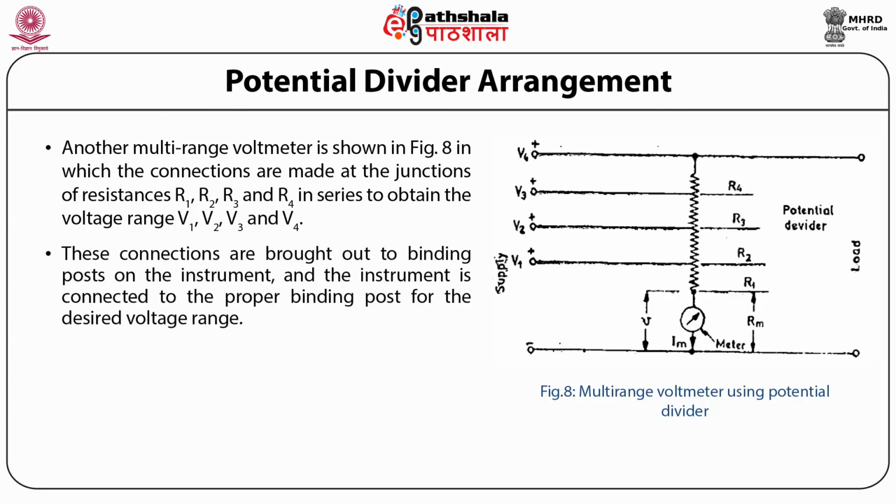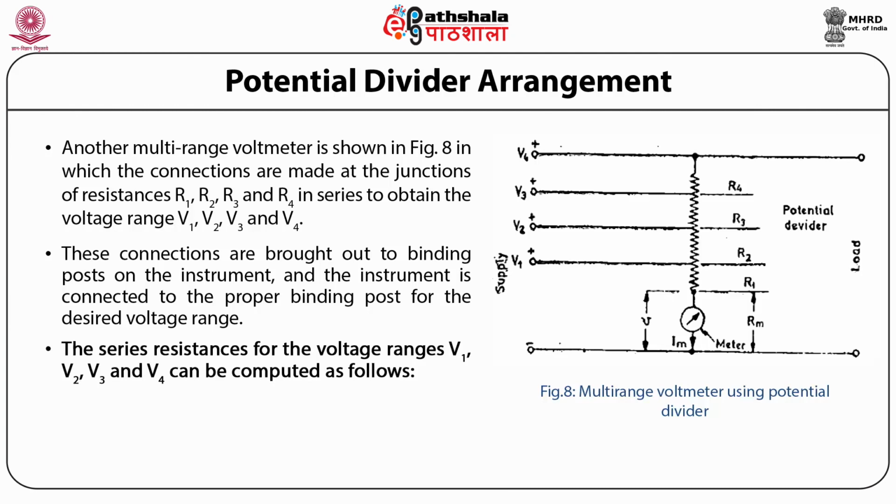These connections are brought out to binding posts on the instrument, and the instrument is connected to the proper binding post for the desired voltage range. The series resistances for the voltage ranges V1, V2, V3 and V4 can be computed as follows, where R1 is equal to (M1 minus 1) Rm, and similarly for R2, R3 and R4.